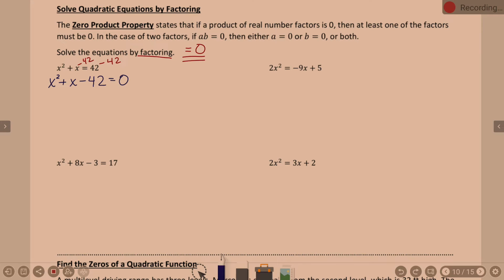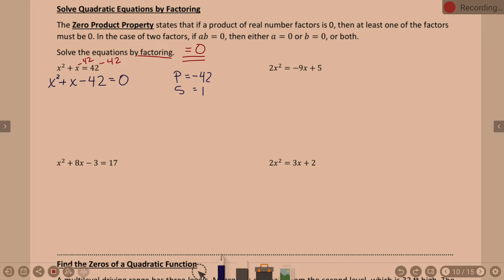How do I factor? Go ahead, Logan. 7 and -6, because they multiply to be negative 42 and they add to be a positive 1.